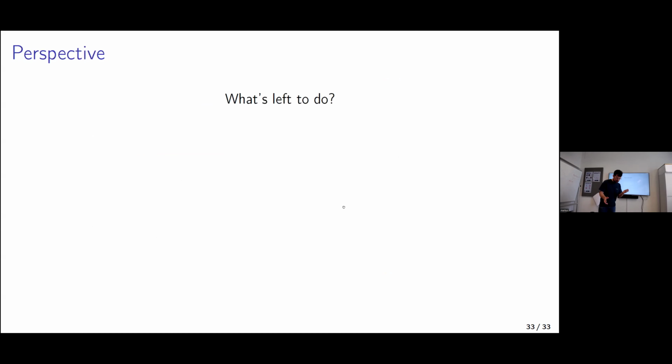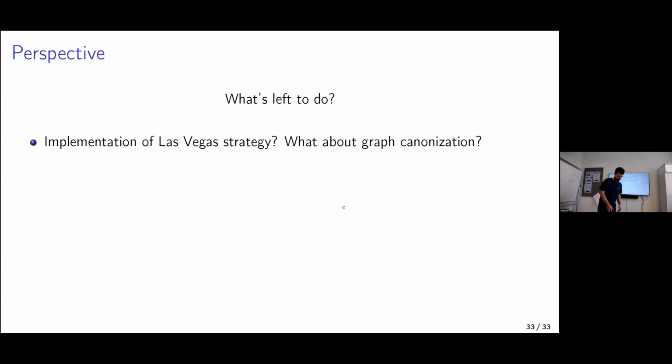Okay, maybe a little bit of a perspective. What's left to do? The Las Vegas strategy is not implemented right now, so that could be something to do. Also, I've not talked about graph canonization, which is another interesting problem in practice. However, the model that I've talked about and the probabilistic strategies don't work here.